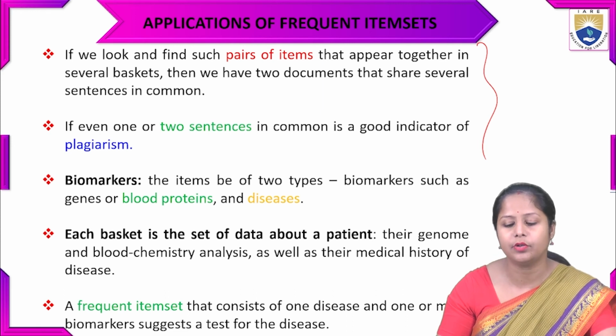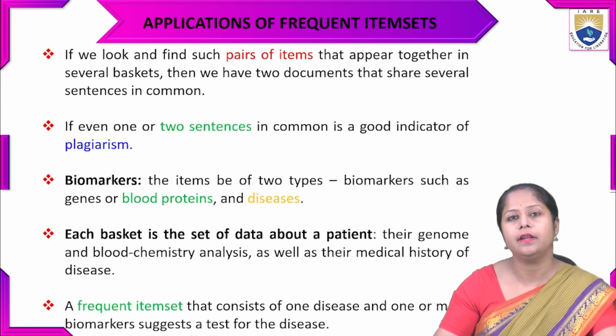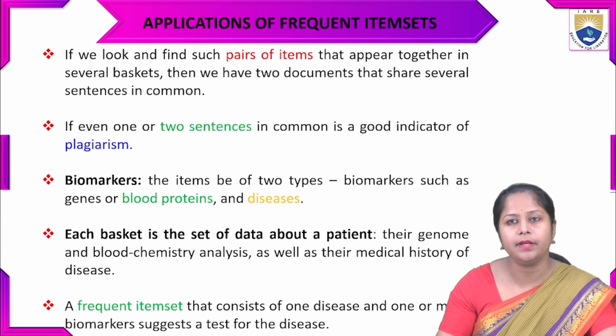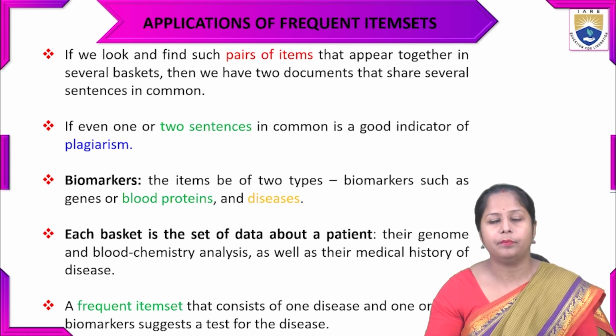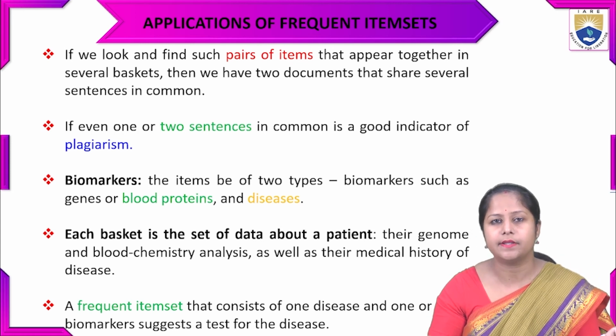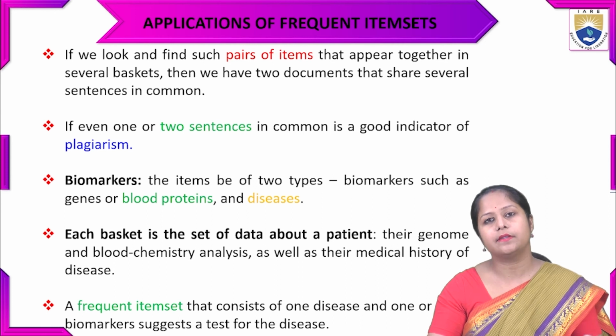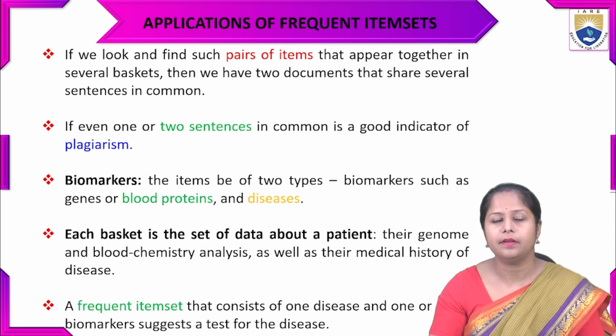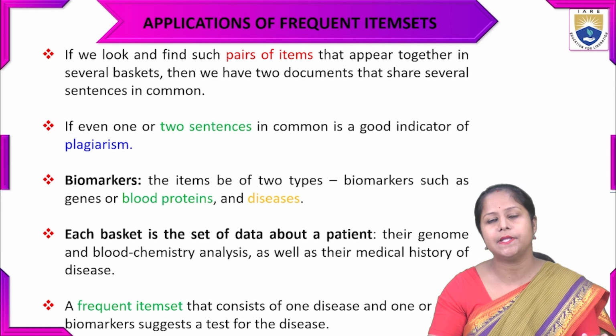Then we have two documents that share several sentences in common. Even if one or two sentences are common, that will be plagiarized, so we have to change that sentence into a simple sentence.